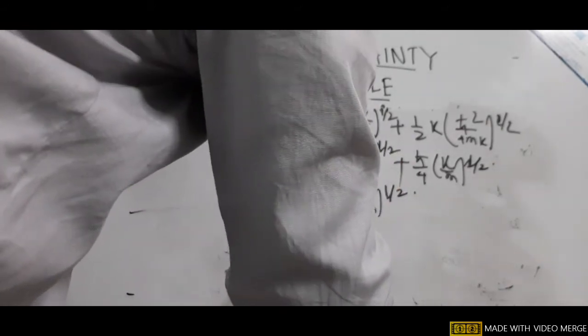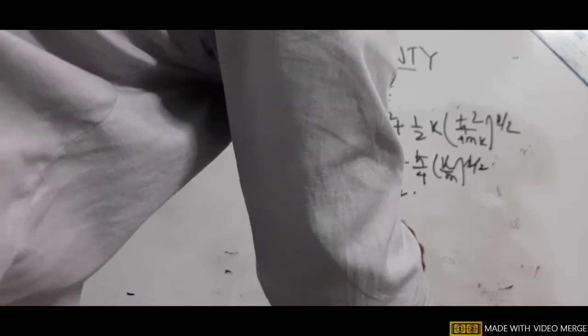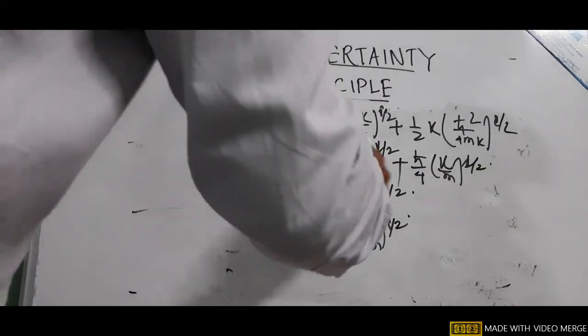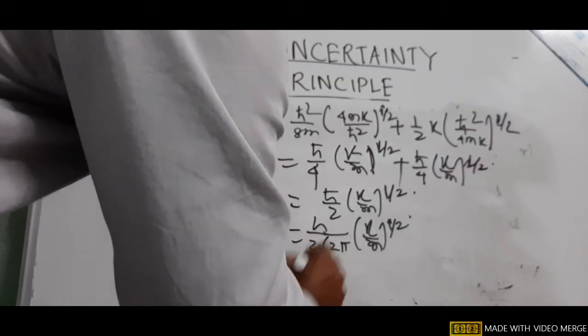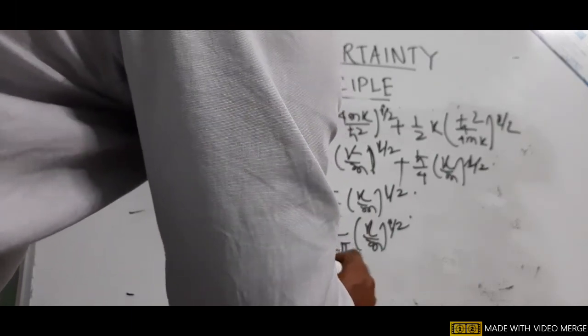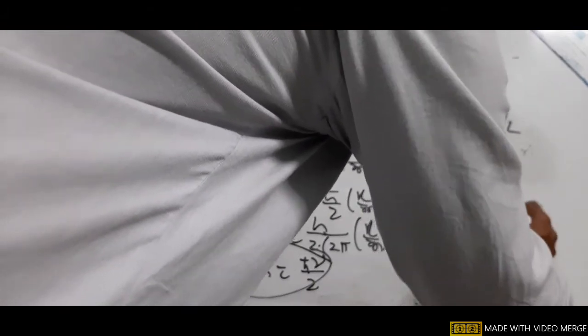So it is h by 2 into 2 pi and k by m whole to the power half. So the minimum amount of energy of the linear harmonic oscillator is h mu by 2, where mu equals 1 by 2 pi k by m whole to the power half.